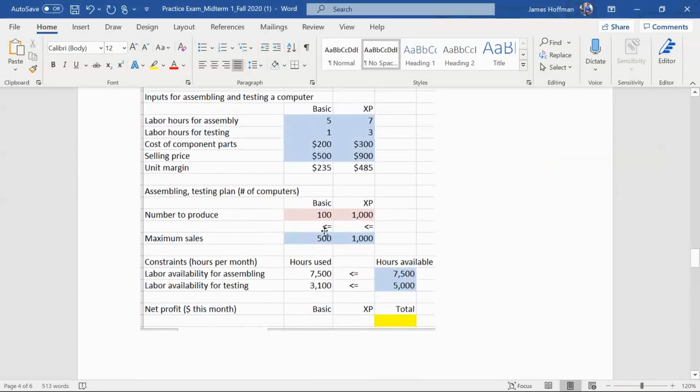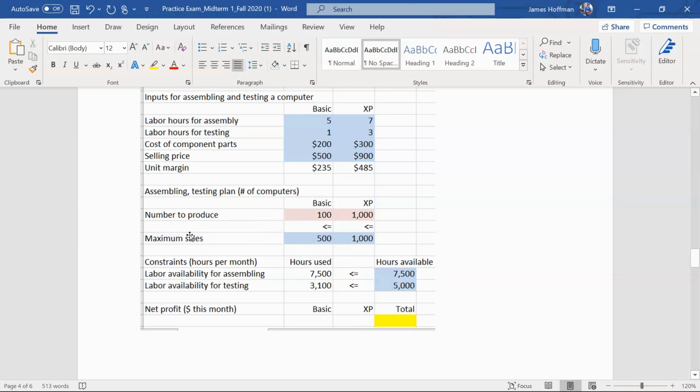So the constraints are denoted by an inequality. You see the less than or equal to or the greater than or equal to, and that's the constraint. The first constraint is the production constraint. We can't produce more than the maximum sales allowed. There's no inventory in this example.